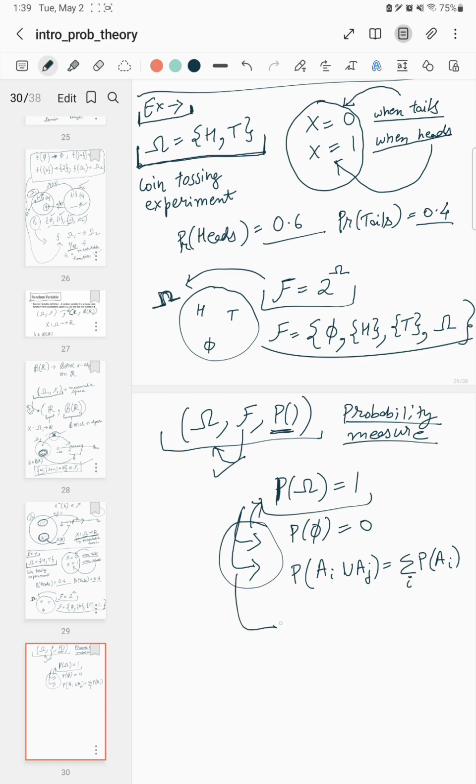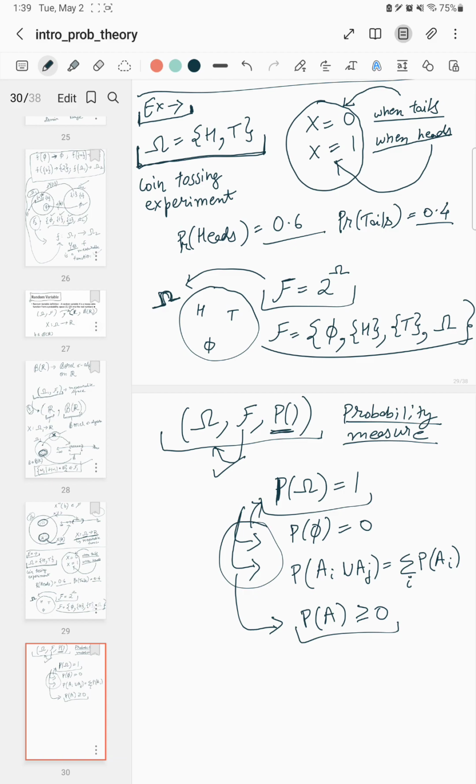And obviously it's monotone in nature, so P of any set present would be greater than or equal to 0. Let's see if it complies with these conditions or not.